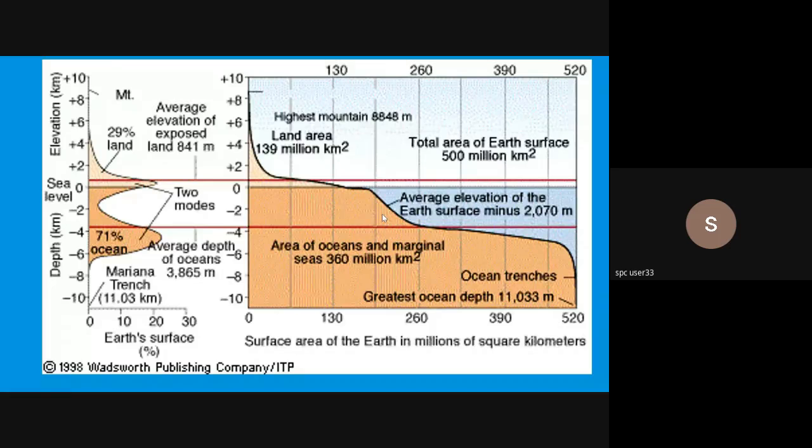Now, a few things with regard to our exam and a few competitive aspects: you can see that the average elevation of exposed land is 841. Actually, I would say this line, by the way, is the average elevation.